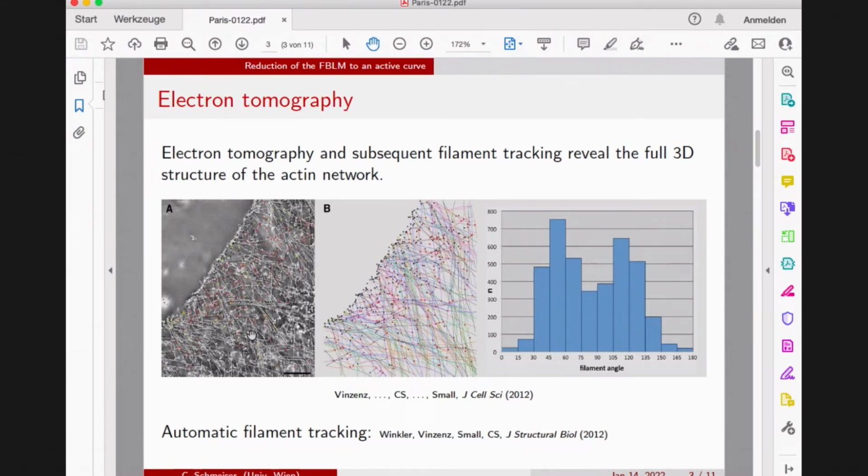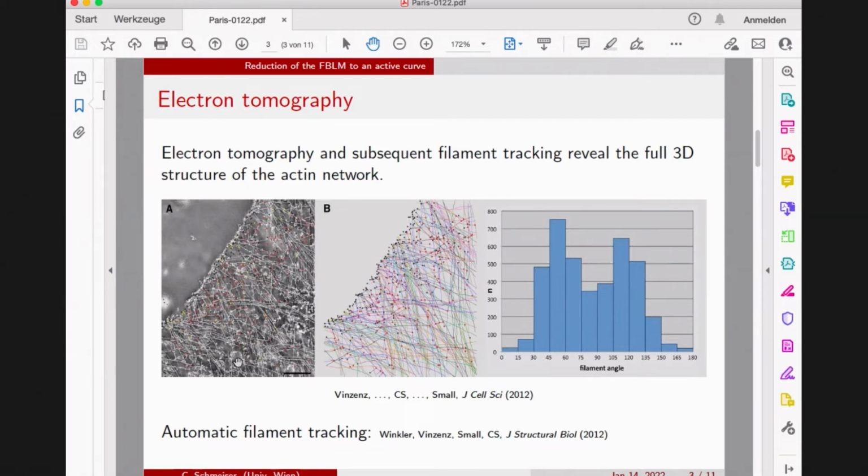And what you see here is some result of electron microscopy, and actually it is only a small part of the information here, because the information really is 3D information. So you get really three-dimensional pictures from this electron tomographic treatment of these electron microscopy results. And this is just a 2D projection.